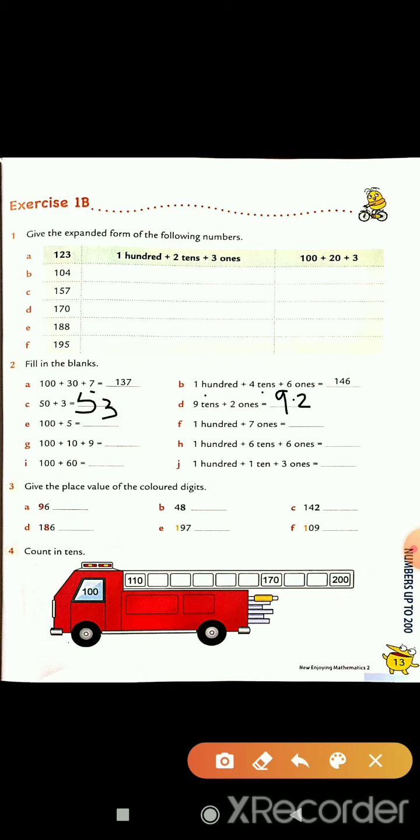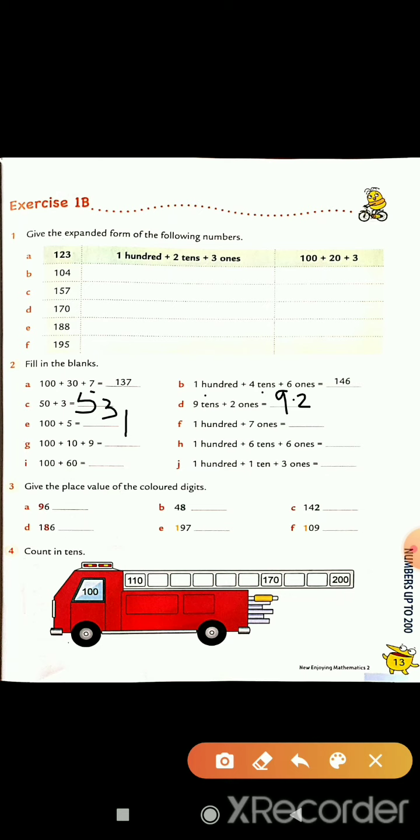Next, E. 100 plus 5. Now listen very carefully. At the place of 100 we have to write 1, but we have no tens here. 50, it is not written 50, it is written 5. So there are no tens here.